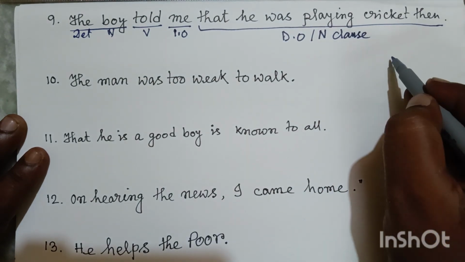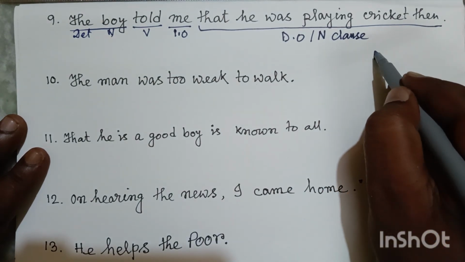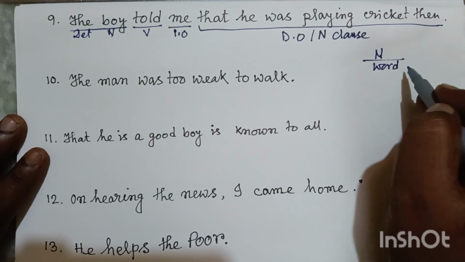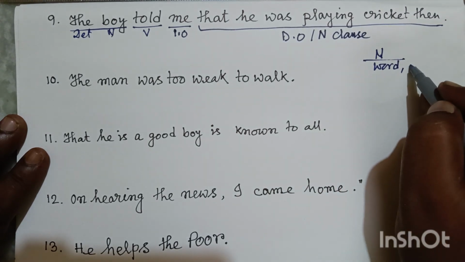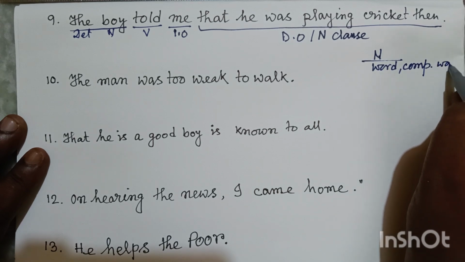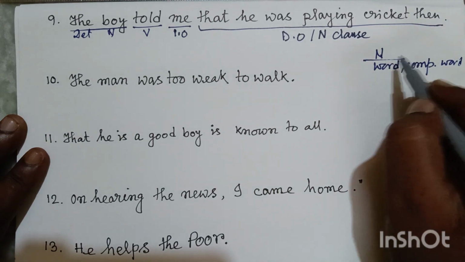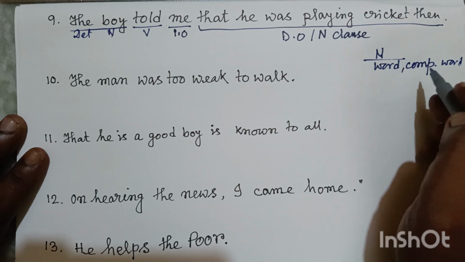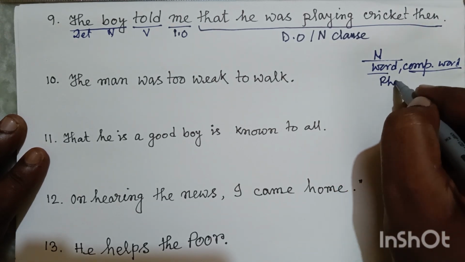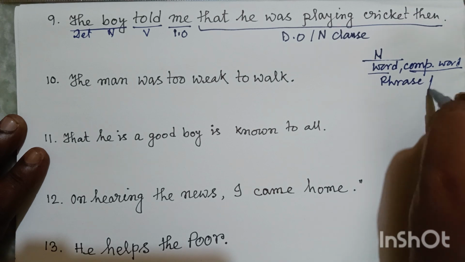My dear friends, a noun may be a word, may be a compound word. That means within this noun there may be two or three parts. It may be a phrase, it may be a clause.